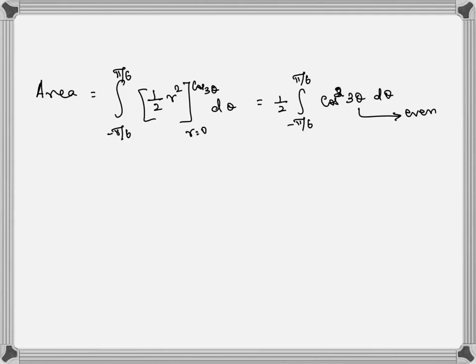That is an even function, so the integral from negative pi by 6 to pi by 6 can be written as twice the integral from 0 to pi by 6. So half times 2 times the integral from 0 through pi by 6. Then for this one we use the double angle formula, 1 plus cosine of 2 times 3 theta, which is 6 theta, divided by 2.